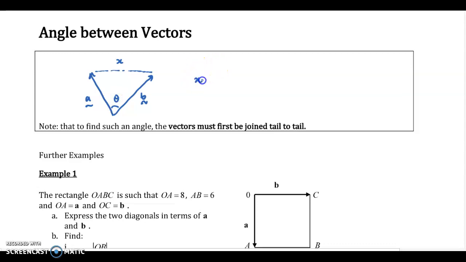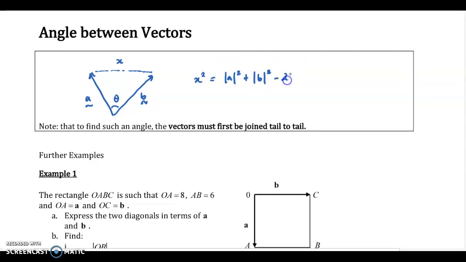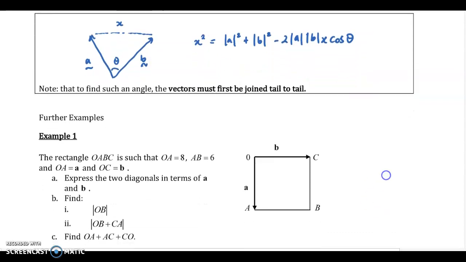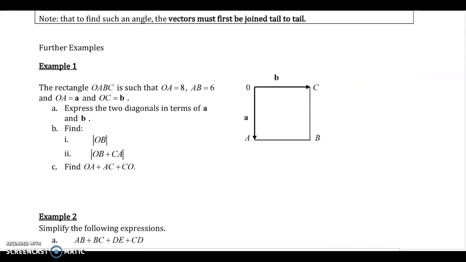The rule is x squared equals the magnitude of A squared plus the magnitude of B squared minus 2 times the magnitude of A times the magnitude of B times cos theta. That looks familiar, doesn't it? It does kind of look like the cos rule. So let's go through some of these examples and prove that formula, see where it comes from.